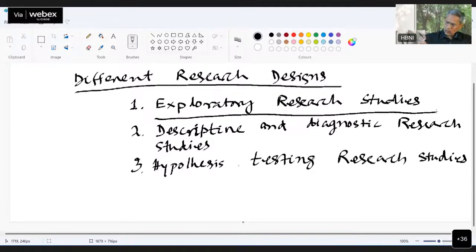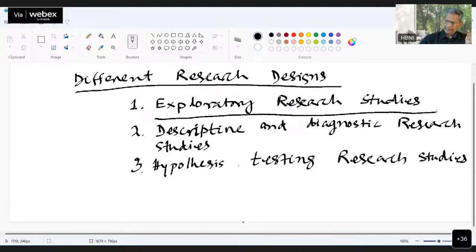Suppose you want to enter a new field, and you have a certain idea to do an experiment. The best thing is to do one exploratory experiment. There are certain important aspects when you do an exploratory study, because you don't have much idea how your research design will be, how your data will come, and how the analysis will be done.